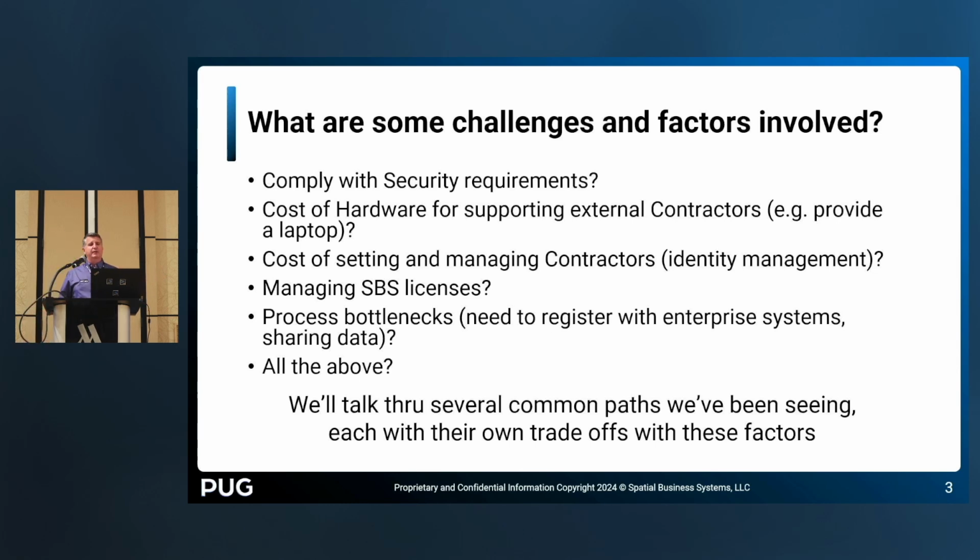Others don't. Managing contractors. So you have to have logins. You have to almost treat them like an employee, but an external remote employee. Managing SBS licenses. Is it owned on this side? Is it owned on that side? Who has the license? Who's assigned to the license? Process bottlenecks. Whenever you're trying to work and share data, what's the easiest way to move that data back and forth?